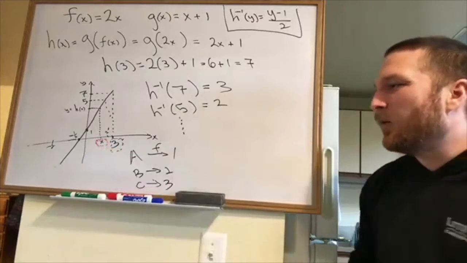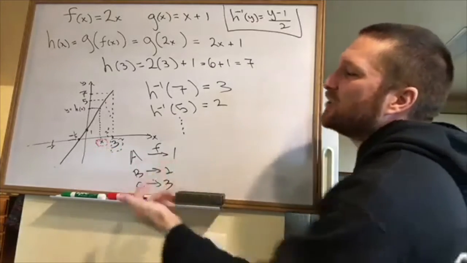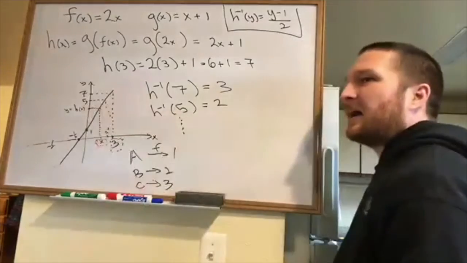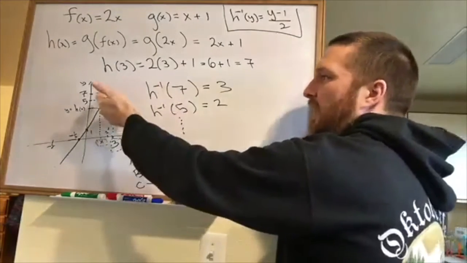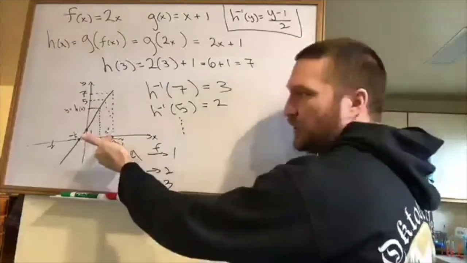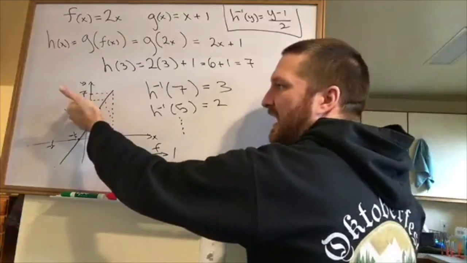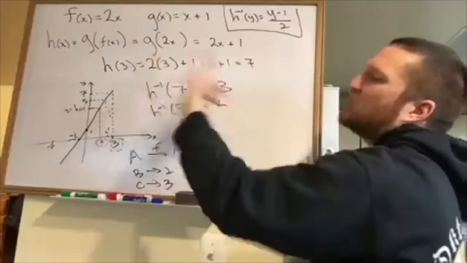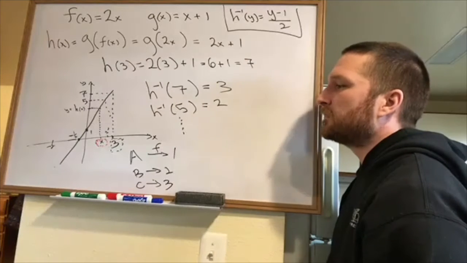Instead of, I tried it with 3, I got out a 7, and then I pulled it back and made sure I got a 3. Or I tried it with 2, I put it in, got a 5, then I put in a 5 and made sure I ended up back at 2.